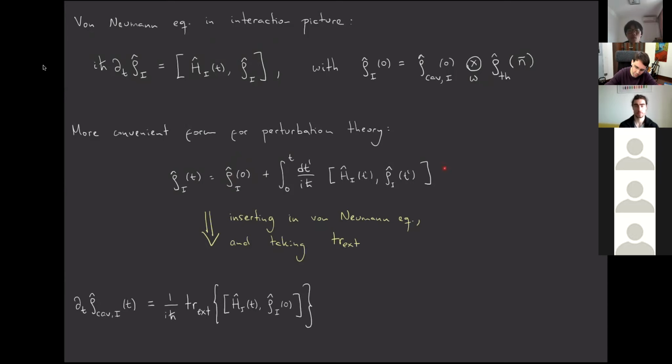And then now we have the part that comes from the other part of the formal integration that I can write as 1 over h bar squared. And then we have the time integration. And now we will have the trace over the external modes.